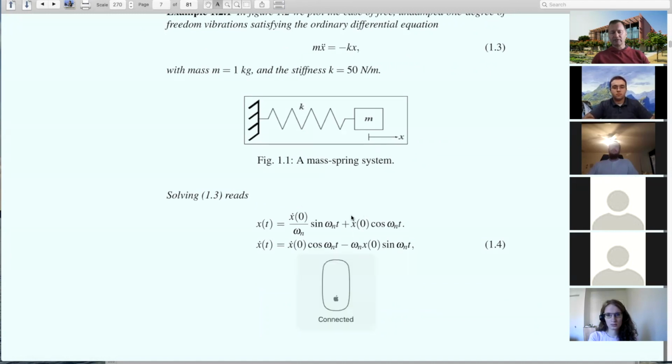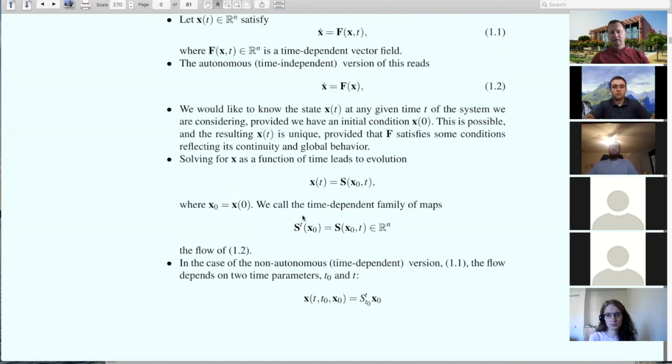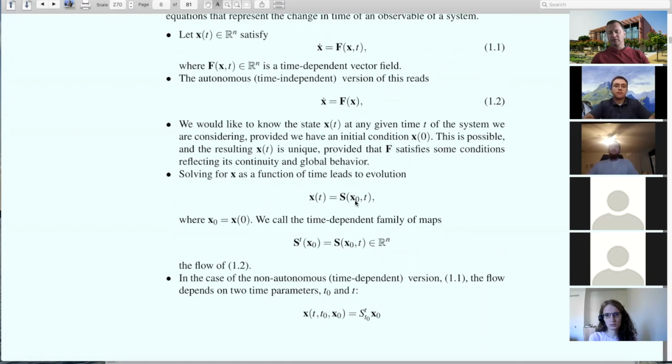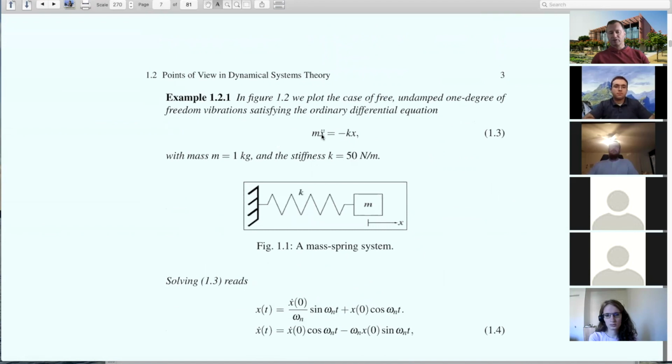What are initial conditions? In this case, it's x of 0 and x dot of 0. There's a little bit of abuse of notation because, of course, in the previous case, we had x as a vector, x dot is equal to f of x. So, x of 0 here was labeled with x0. I have to recognize that we have the position and velocity that are important quantities in this physical evolution.